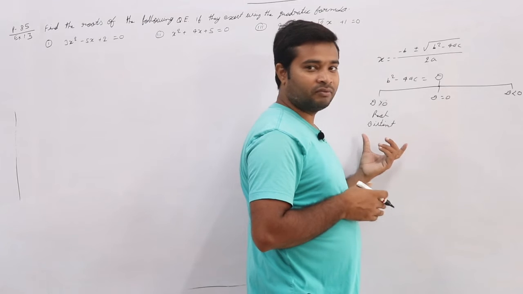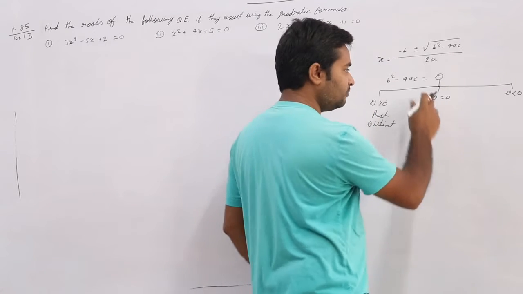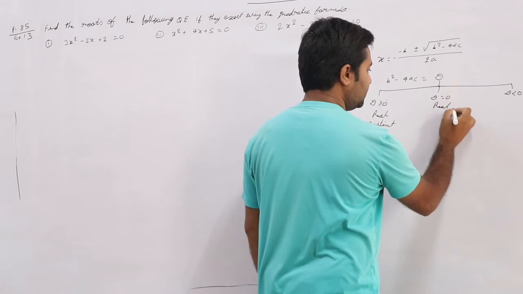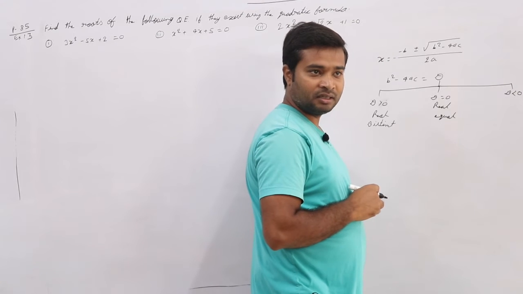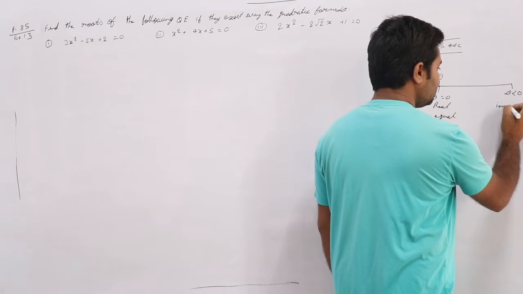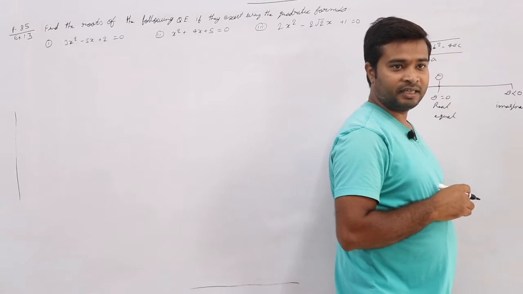You should know the meaning of distinct, right? So real and distinct. If d is equal to 0, then roots will be real and equal. If d is less than 0, then roots will be imaginary.